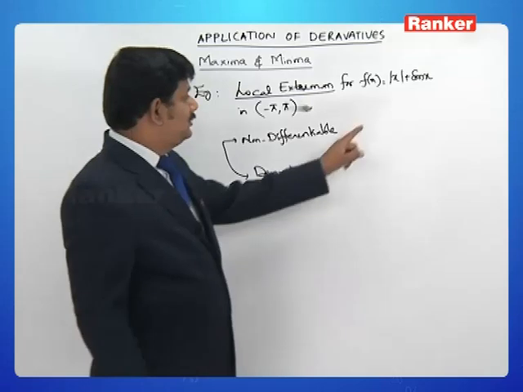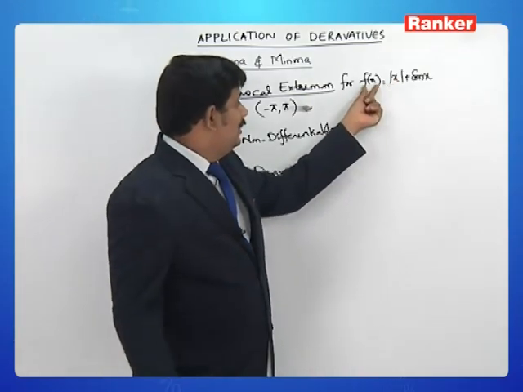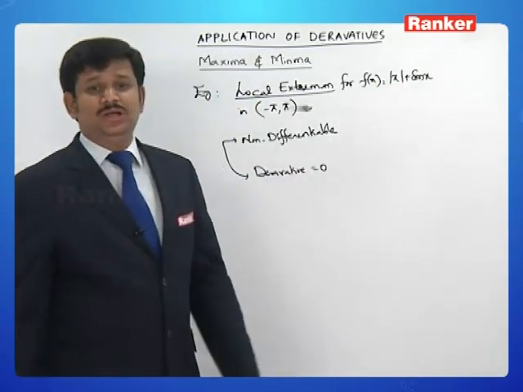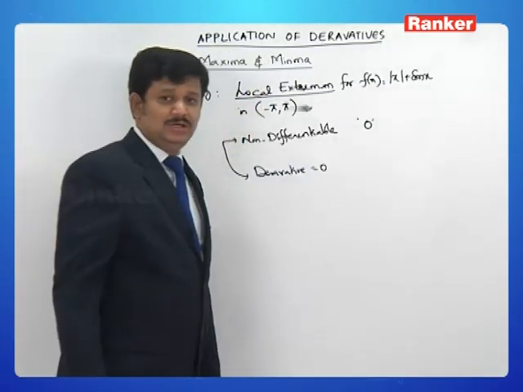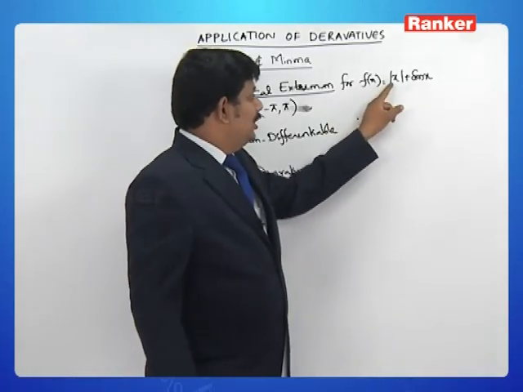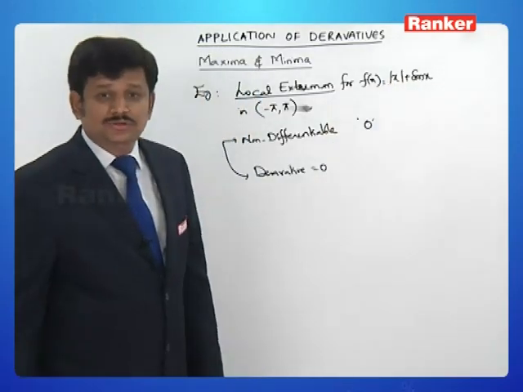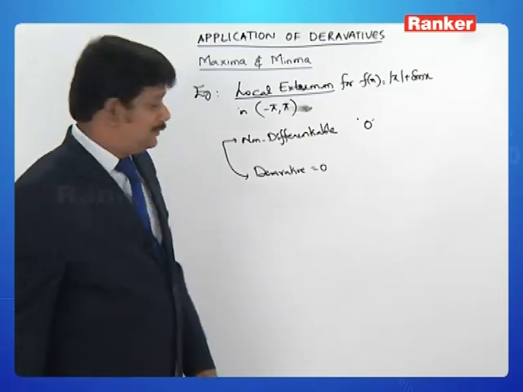Now there is only one point of non-differentiability. f of x is equal to mod x plus sin x is not differentiable at 0. So 0 is the only point of non-differentiability. Elsewhere mod x is differentiable and sin x is differentiable, so that sum will always be differentiable.